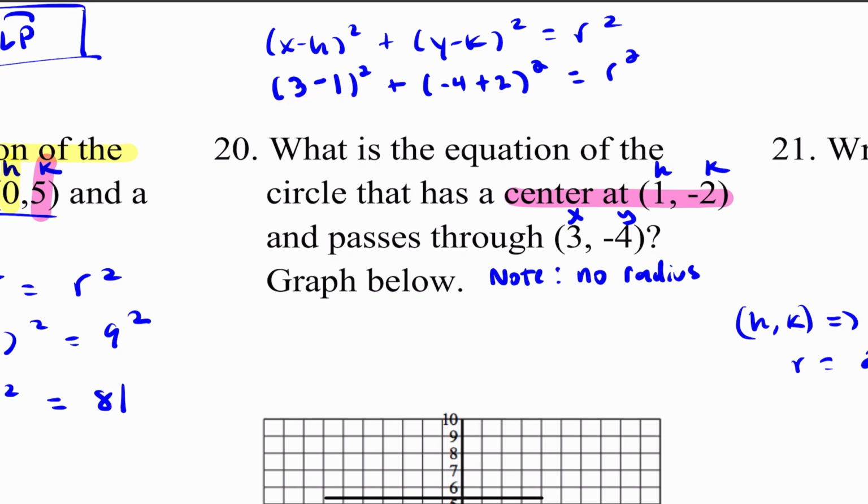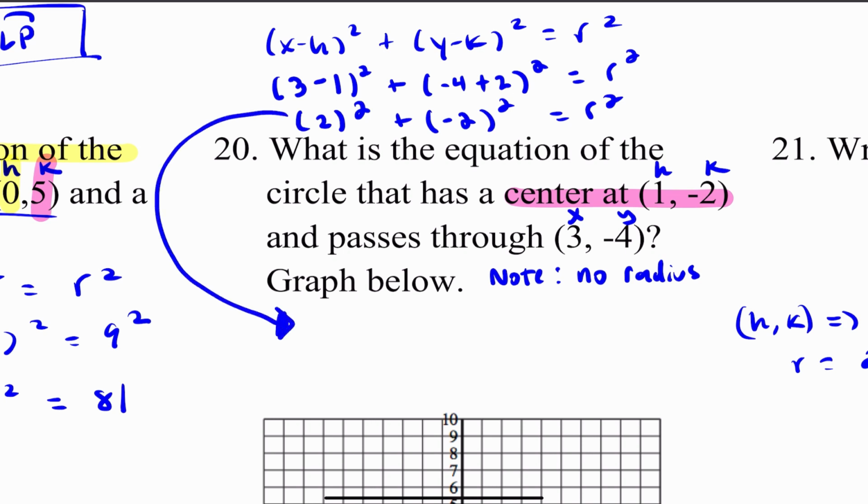3 minus 1, the quantity squared, is 2 squared, plus -4 plus 2, the quantity squared, is -2 quantity squared, equals r squared. So then, moving my work over here, 2 squared is 4, and then plus -2 the quantity squared.